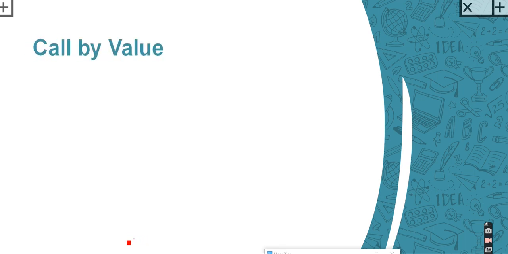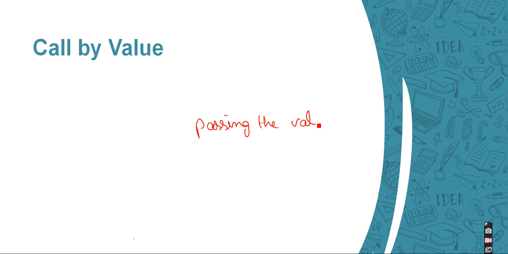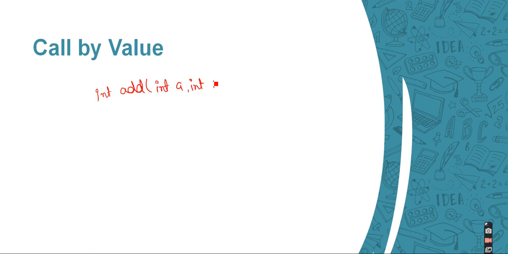Now what is call by value? Call by value means we are going to pass the value. Let's suppose I have created a variable, just taking the same example of int add(int a, int b).